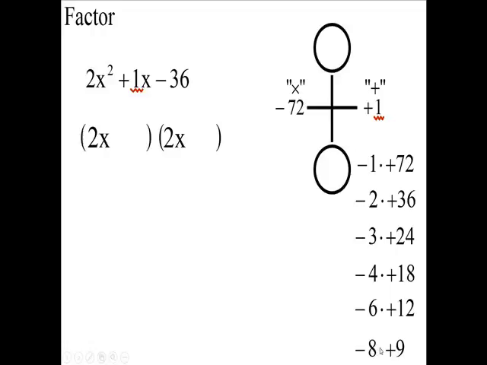So we're going to use these two numbers. The product of those numbers is negative 72, and the sum of those numbers is 1. Now remember, we said 2 times 2 is not 2. We're going to throw away one of these 2's. Fill in the 9. Fill in the negative 8, and then we have to throw away a 2 sometime.